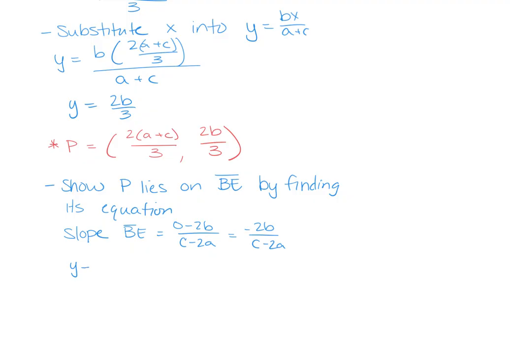Now we want to write the equation, so we're going to use point slope form. So y minus the y we just found, 2b over 3, equals the slope for BE, negative 2b over c minus 2a, times x minus our x point for P, 2a plus c over 3.